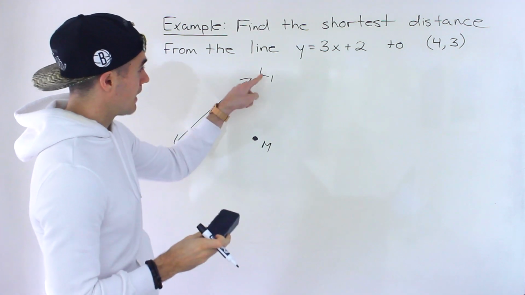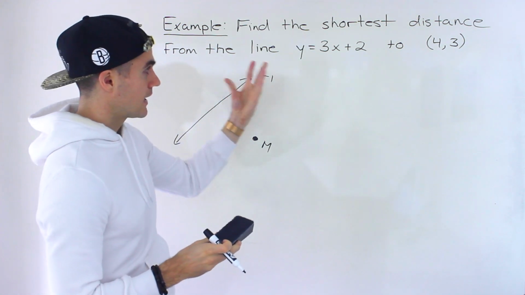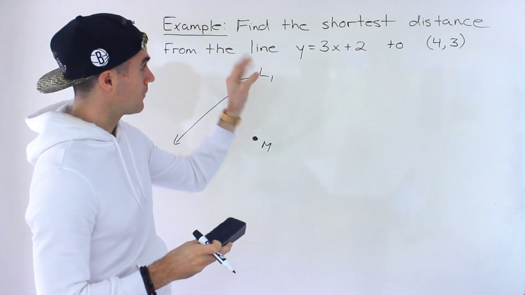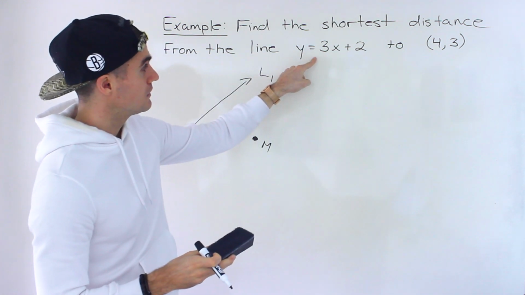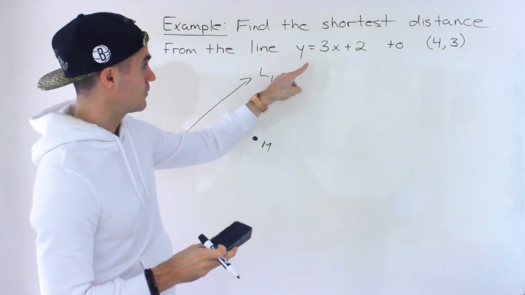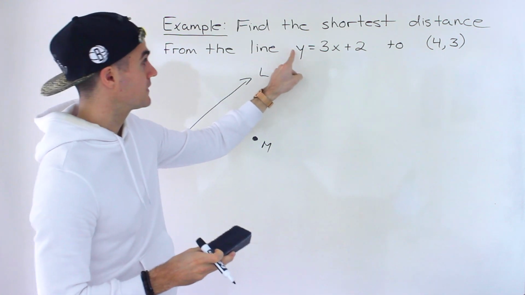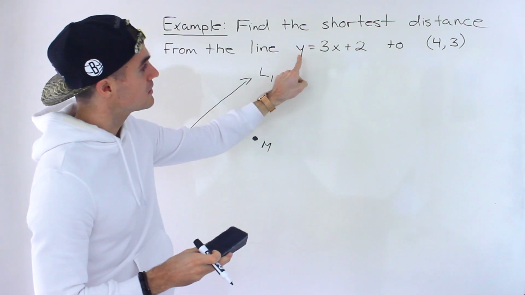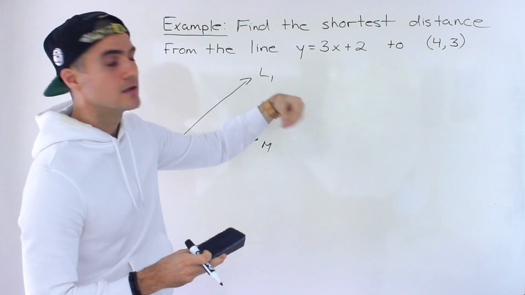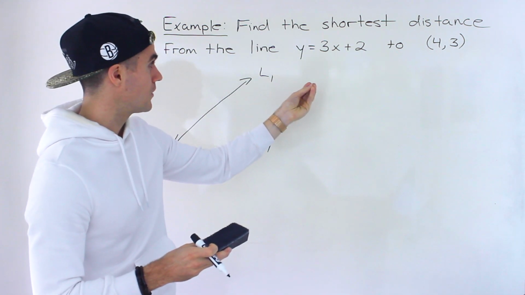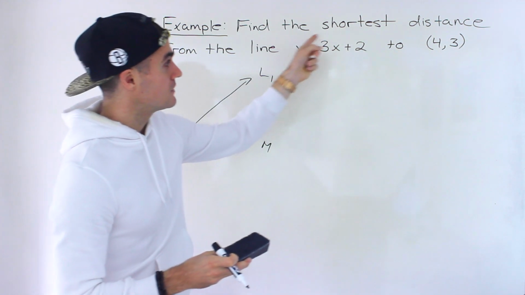Now, this line here, again, I mentioned these questions are going to be given in different formats. So sometimes you'll be given the equation of the line, right? In this case, we're given the equation of the line, but then this equation can be in different formats. Here it's in y equals mx plus b format. Sometimes it's going to be in standard form. Sometimes you're not going to be given this equation.